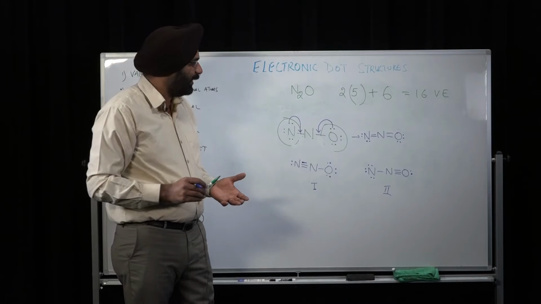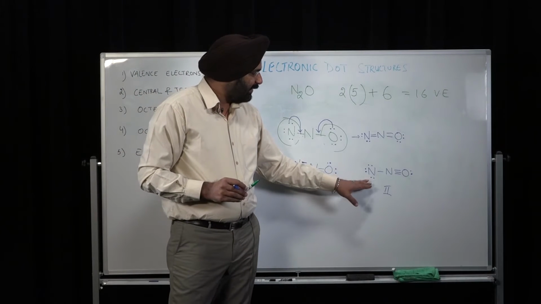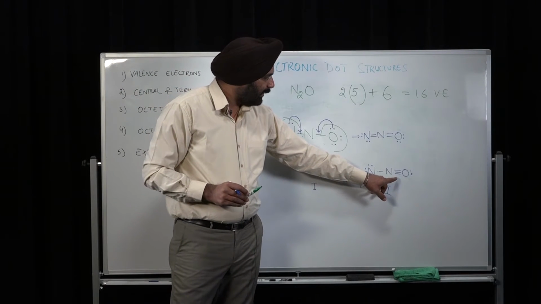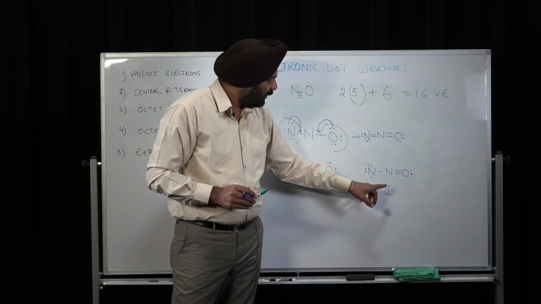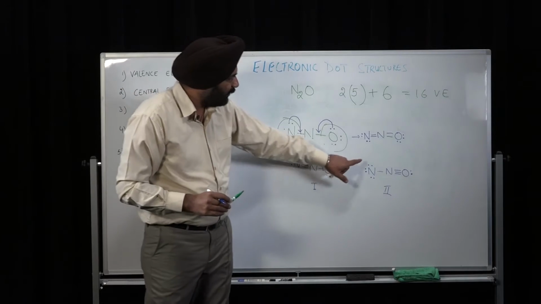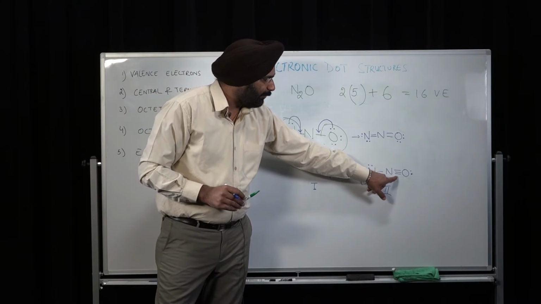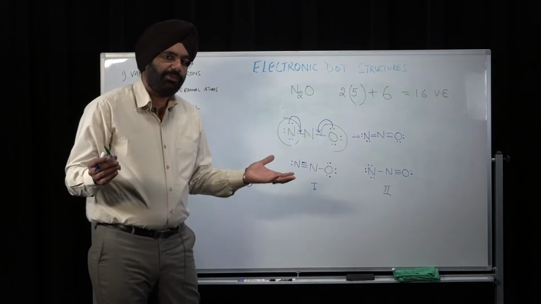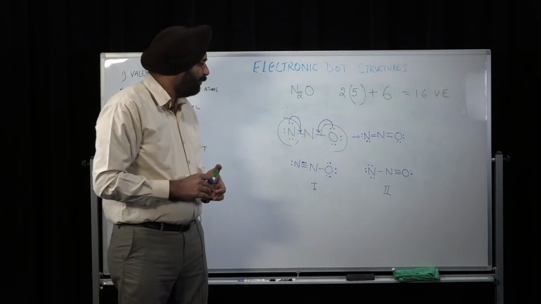There are 16 valence electrons. Same here. It's 8, 10, 16, and the number of electrons in there, 6 and 8, 6 is 14, plus 2 is 16. So I haven't changed the number of valence electrons.